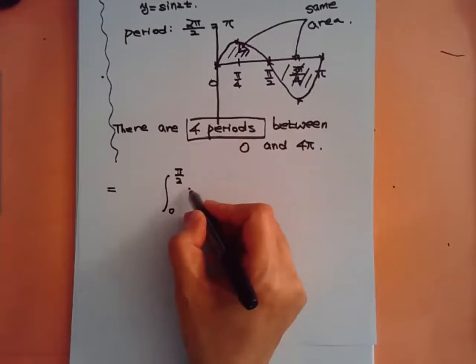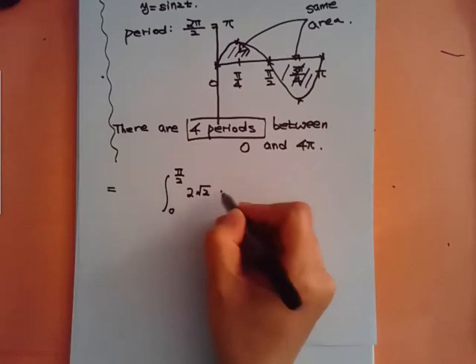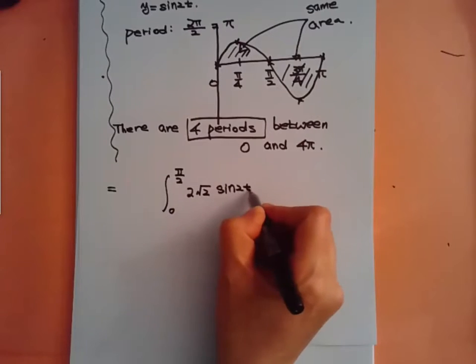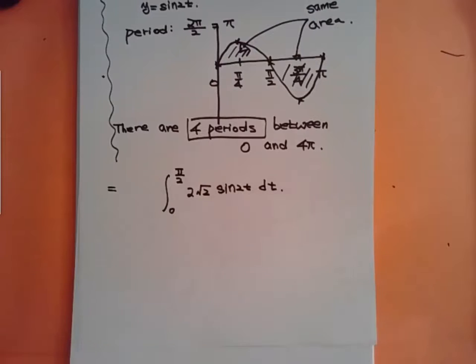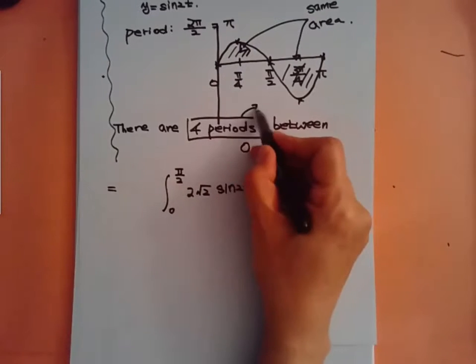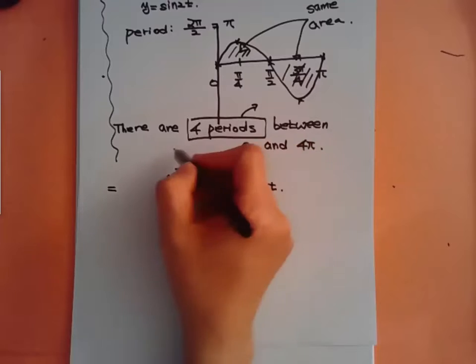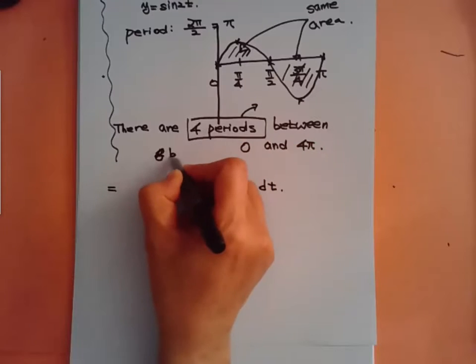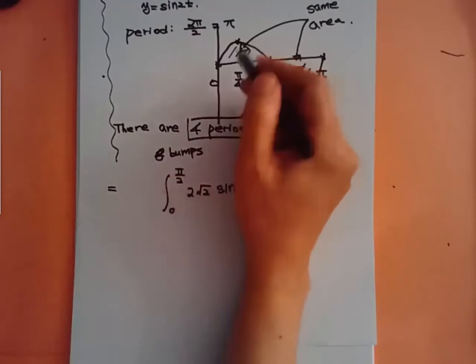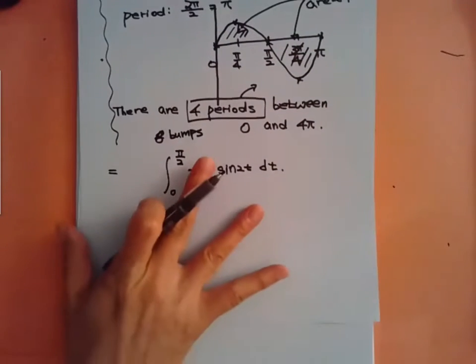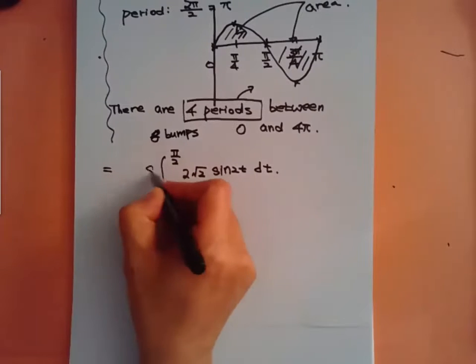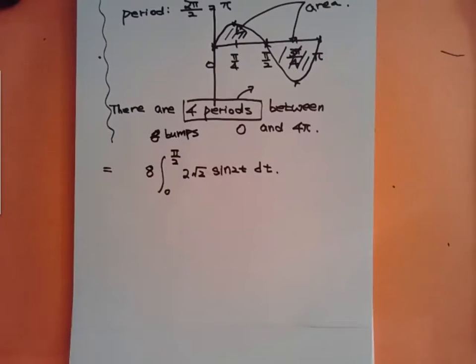And the other part is just copying 2 square root of 2 sine of 2t, so I just remove the absolute value sign here. But the important point is there are 4 periods, and so there are 8 bumps. So 1, 2, 3, 4, and it goes on up to 8. And so we write 8 here because that is 8 times more. Any questions so far?